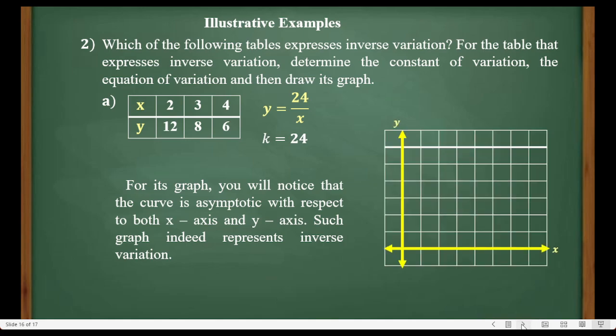Indeed, the graph of inverse variation is asymptotic with respect to the x and y axes. When you say asymptotic, the graph will simply approach either the x or y axis, but the graph will never touch any of these two coordinate axes. And this is the equation, this is the graph.